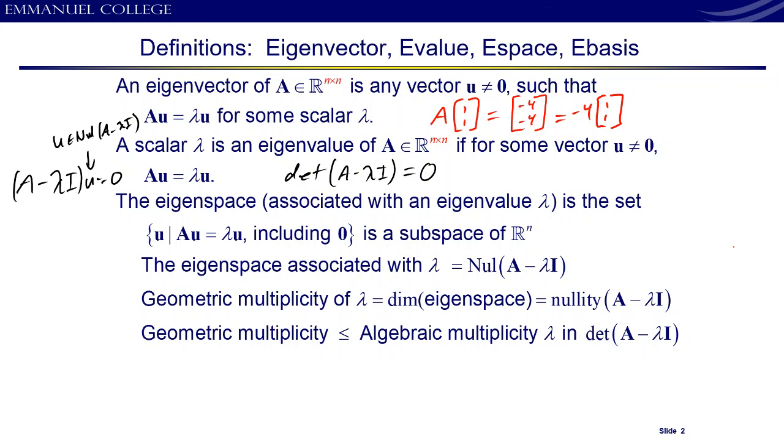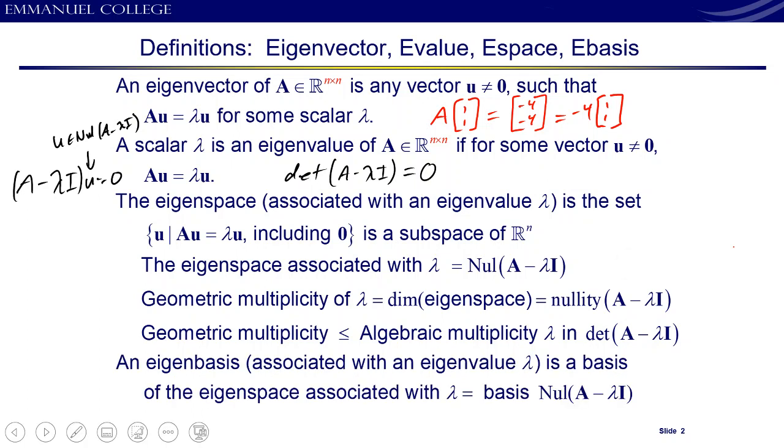You can have an eigenvalue with an algebraic multiplicity of 3, but the geometric multiplicity can be no more than 3. And so the eigenbasis, like any other basis, is the basis vectors of an eigenspace. Pretty straightforward. Eigenbasis is just the basis for the eigenspace.